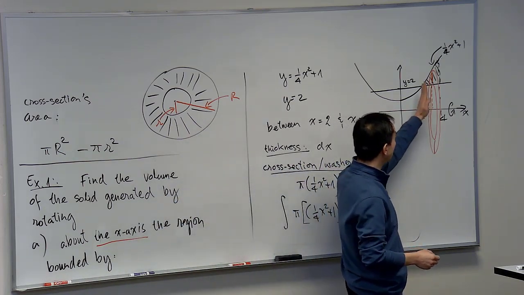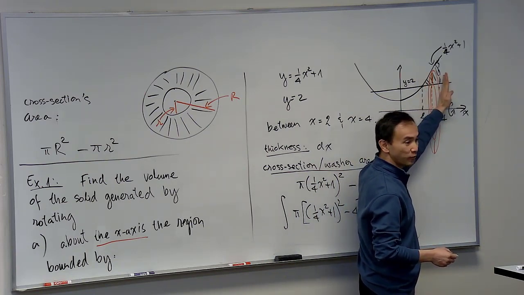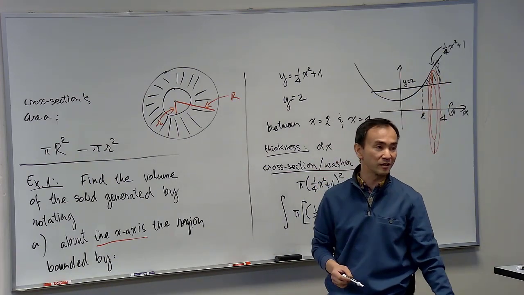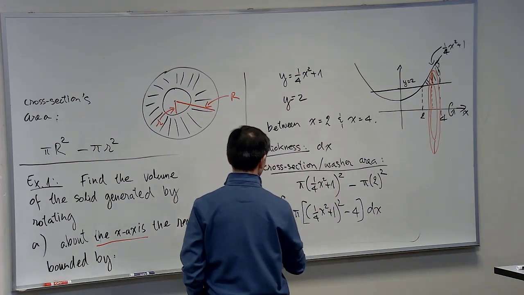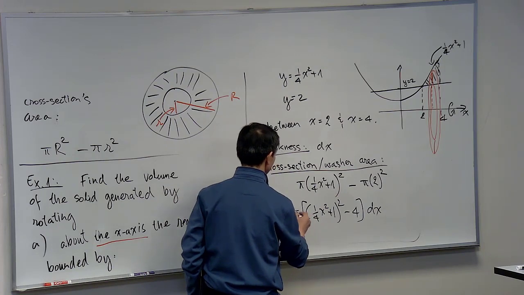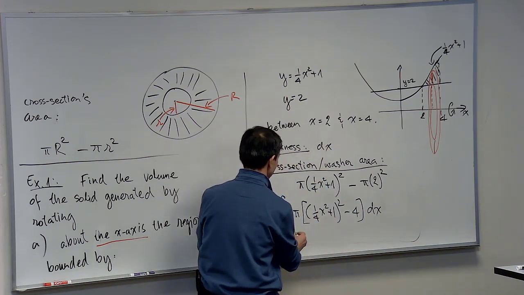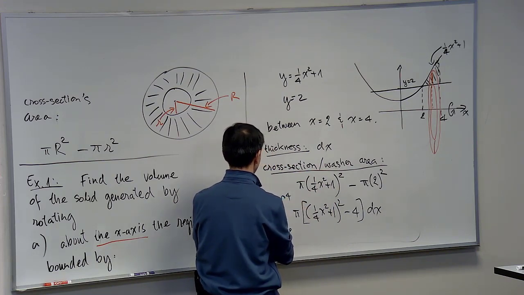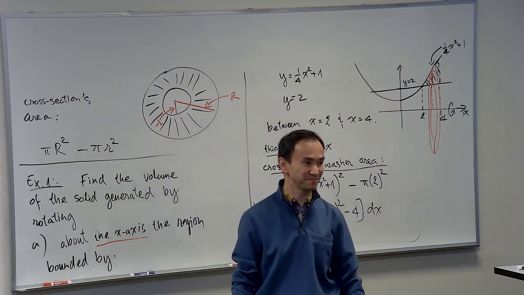Where do we start the accumulation? From this starting point, all the way to ending at x equals 4. The picture makes it clear: this way I'm going from 2 to 4. That's how we have the complete setup for our integral ready for action.